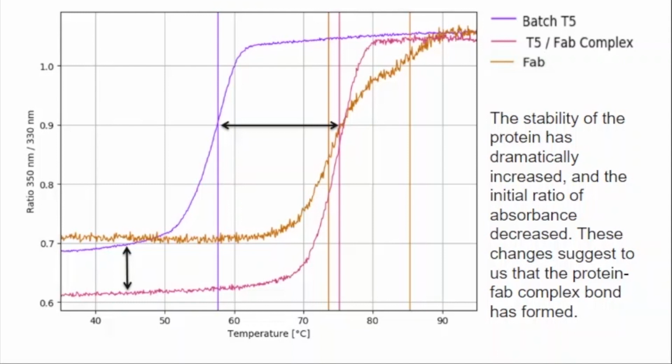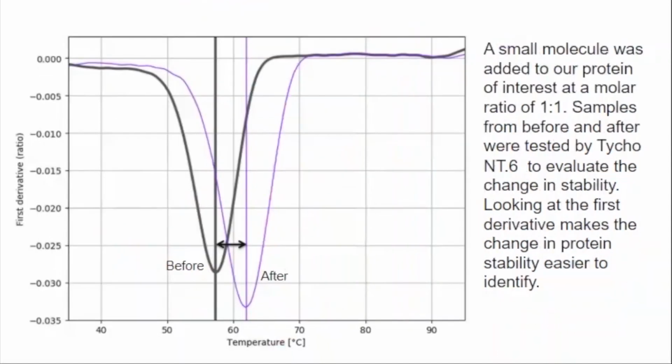Another big thing we do here in our lab is work with small molecules. A lot of people come to us with proteins and small molecules that they want bound together, and then they want the crystal structure of that interaction so that they can be more informed about what their small molecule is doing to their protein of interest.